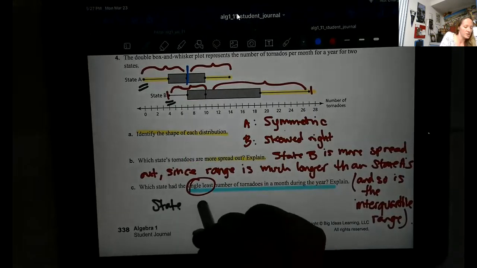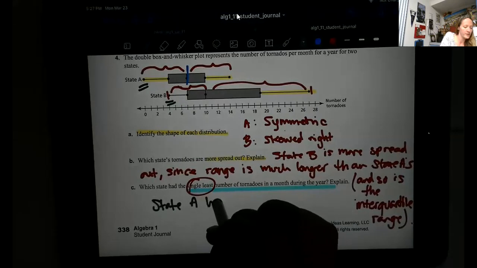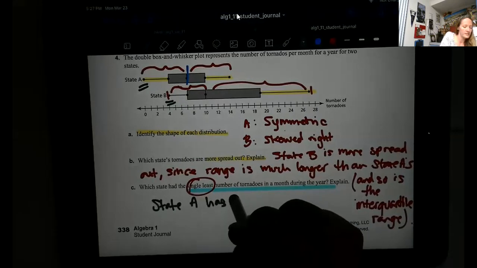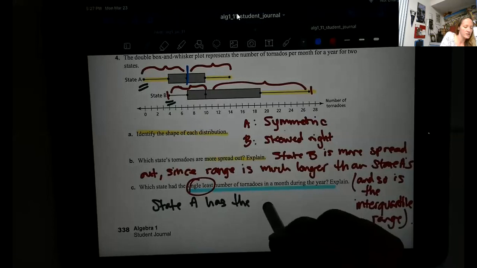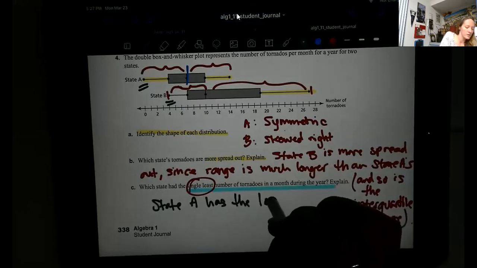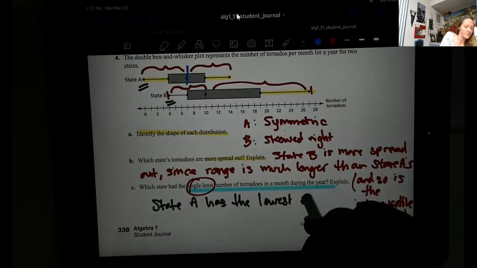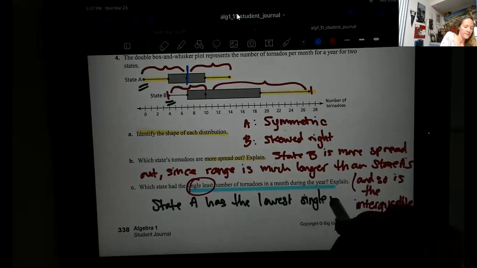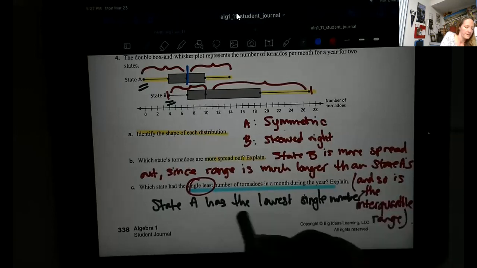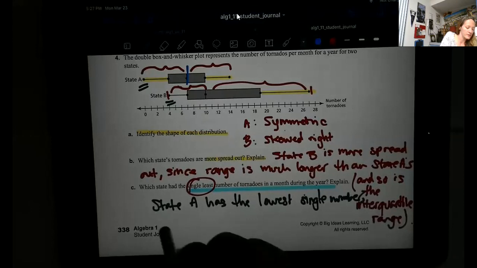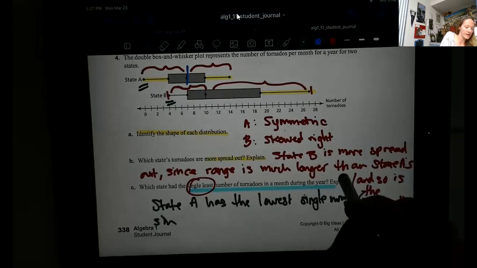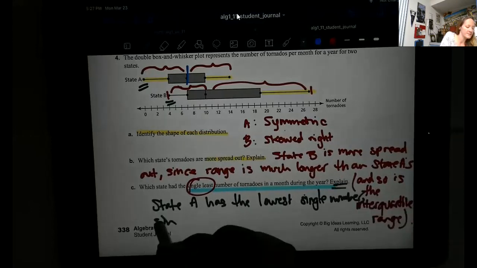And our justification would be really easy because state A has the lowest single number. Since, remember, giving that explanation because we do have that explain word here at the end again.